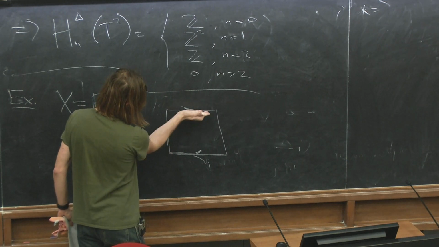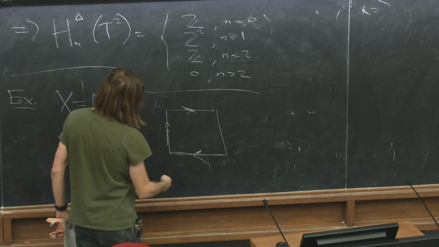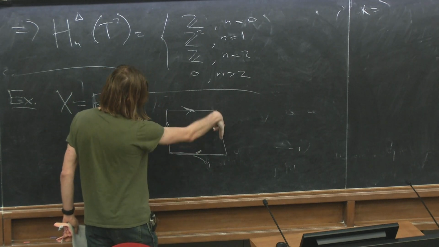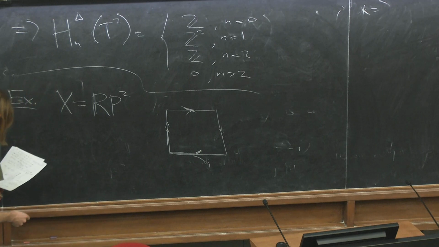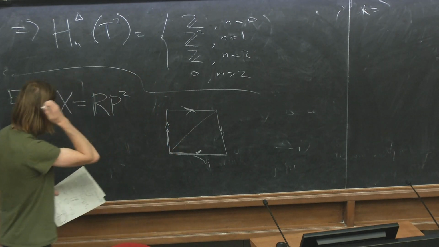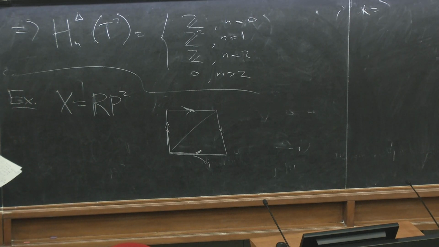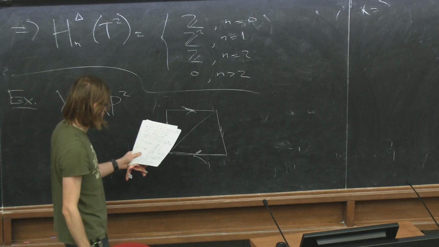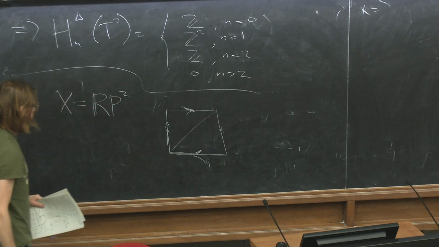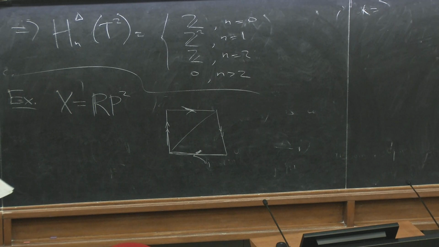So this edge is identified with this edge, but reversed, and these two edges are also identified reversed. We can also use a similar triangulation to fix the delta complex structure.